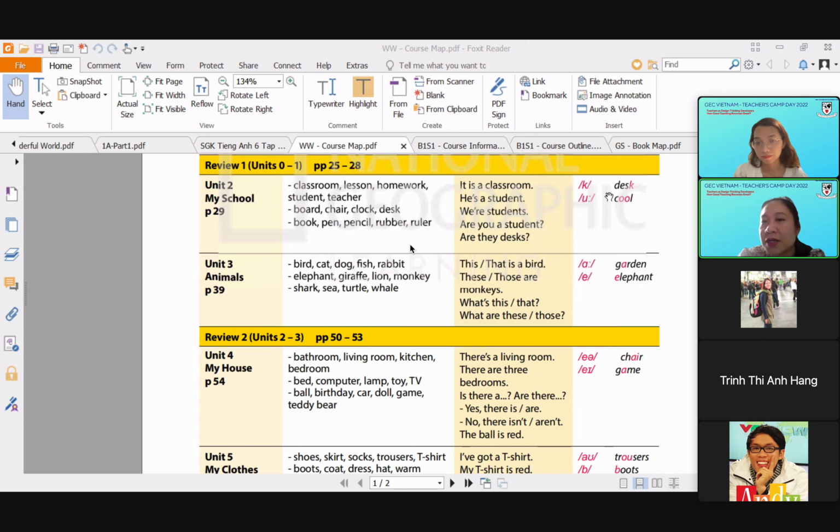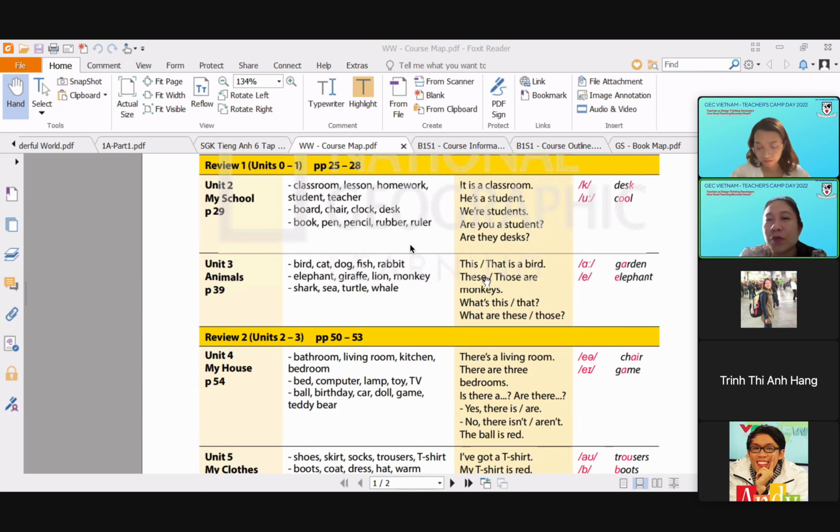They put the transcription here for the pronunciation. They are the language areas that students are going to learn, and all the areas here are based on the topic, my school. It means it's topic based, and grammar and vocab are integrated.